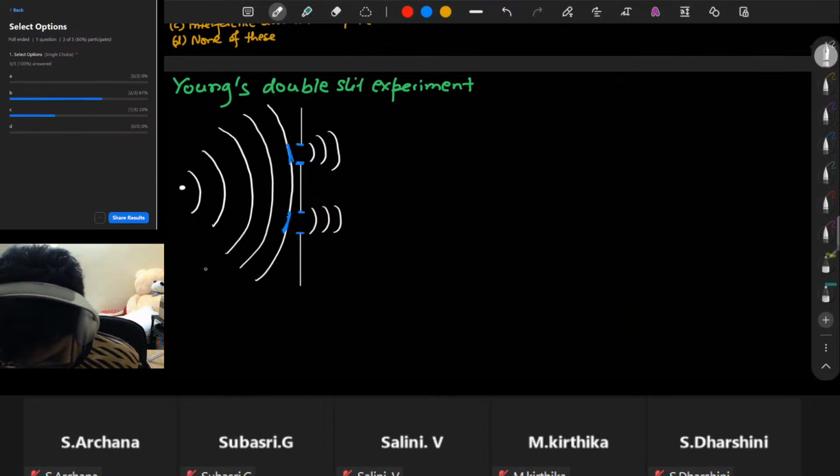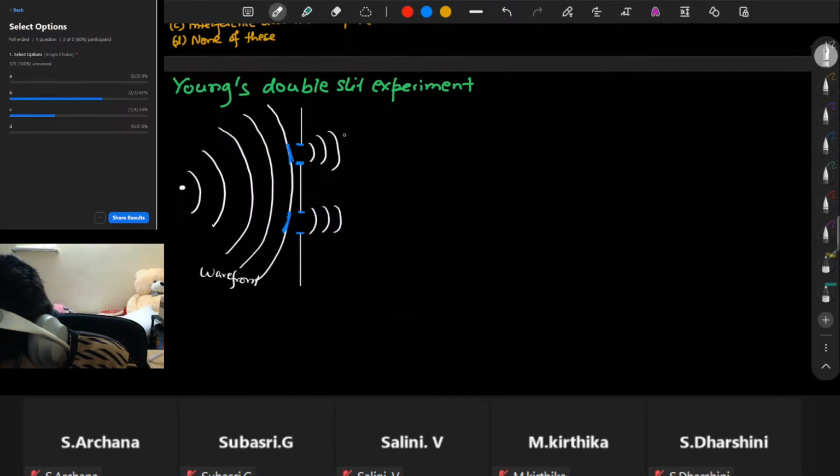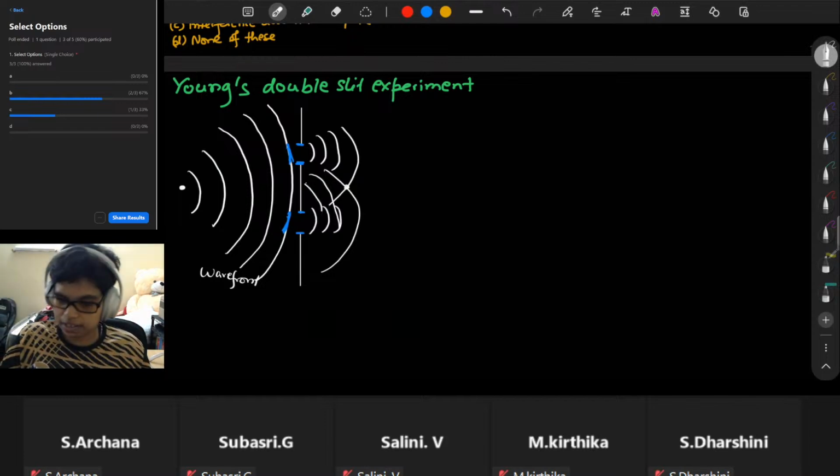These are the wavefronts. So you are dividing your incoming wavefront into two parts, and then those parts are interfering. So these wavefronts will interfere. So this is what is happening.